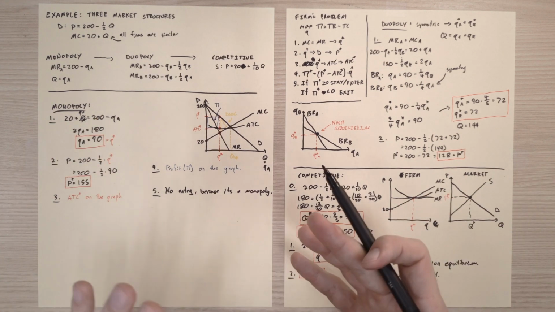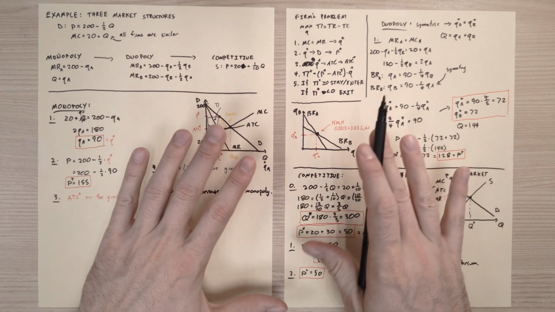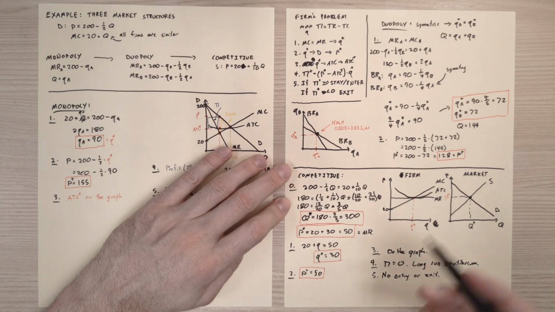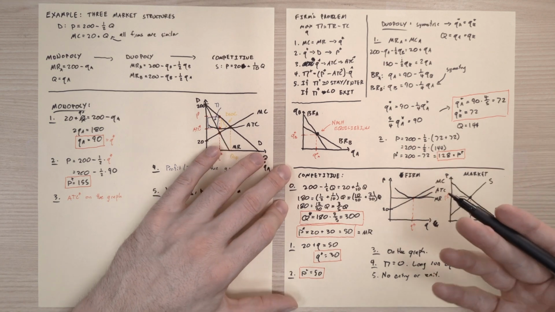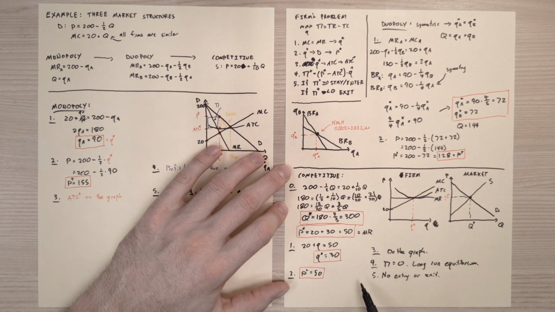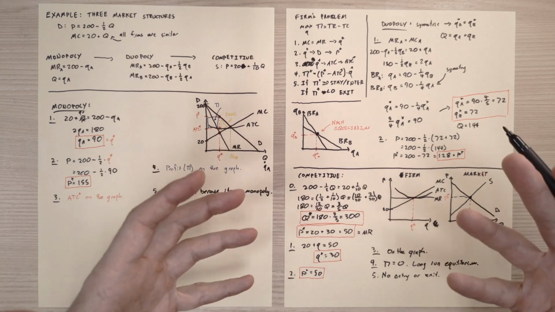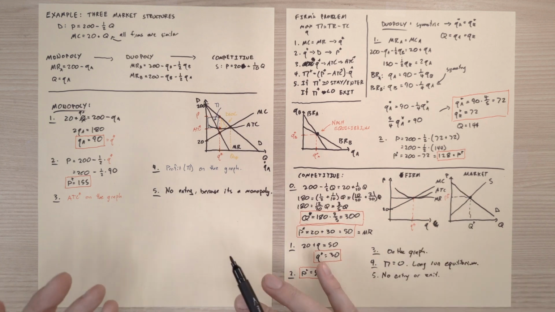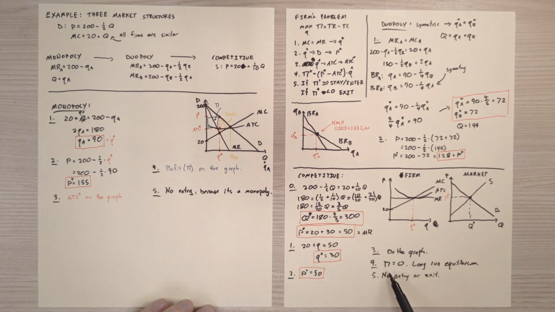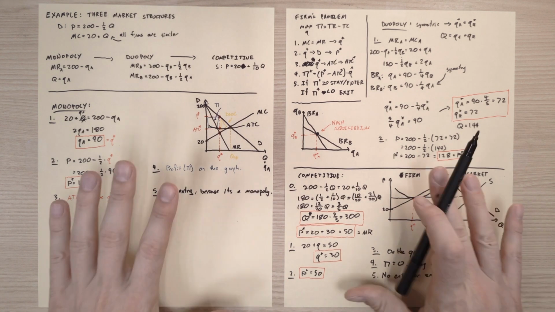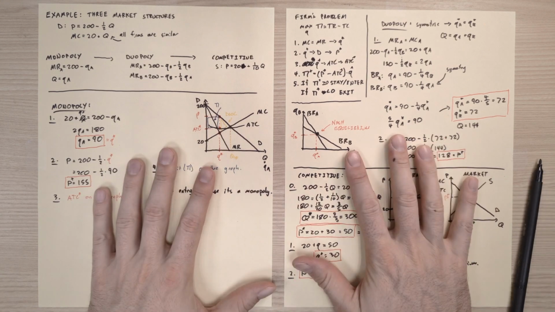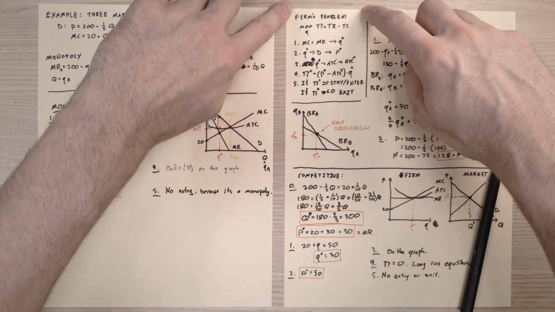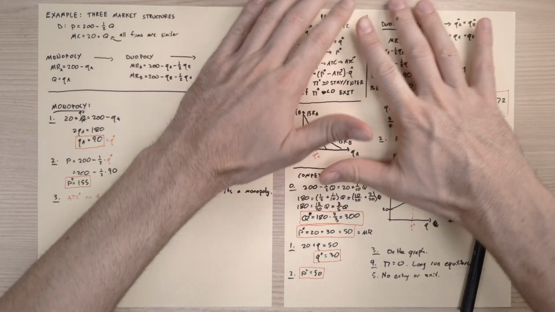Here we see that there's not enough information to know, but like in many of the examples I've given, we've talked about no entry or exit, which is a clue that there's no profit to be had. So if you don't see any entry and any exit, then there's no profit or loss, which means firms are making 0 profits.